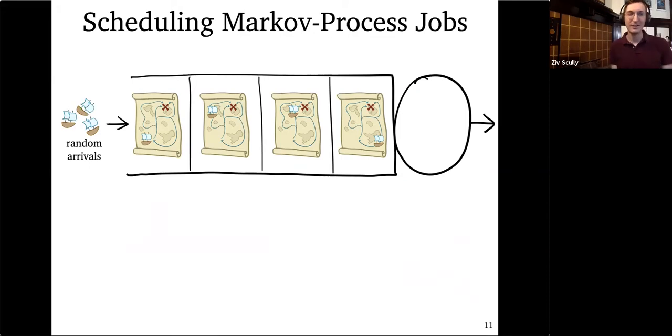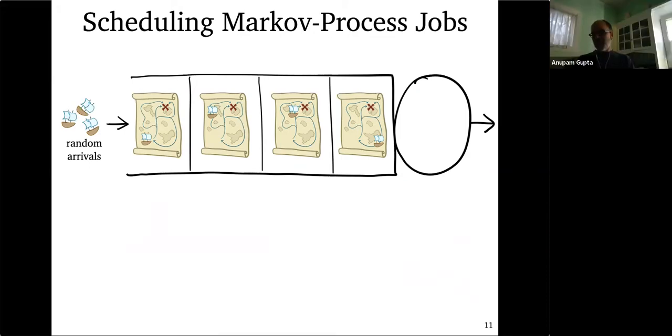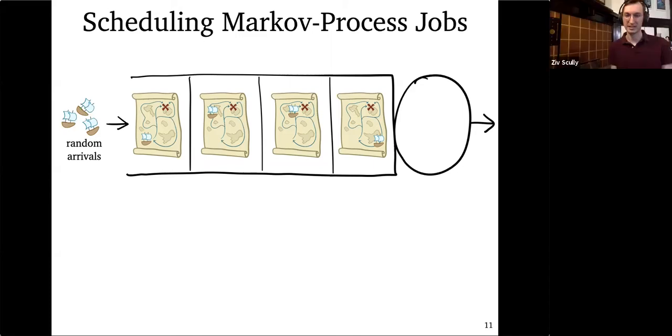Yeah, Anupam. So what you're saying is, you haven't specified what fraction of processing you're going to spend on a particular job. You've told us when you put in processing on a job, how that job evolves. Is that correct? That's correct. Yes. So just to paraphrase for everyone, what I've told you so far is what a job does while it's in service.